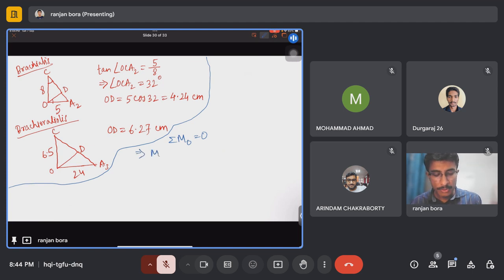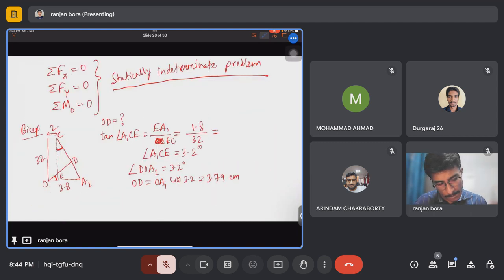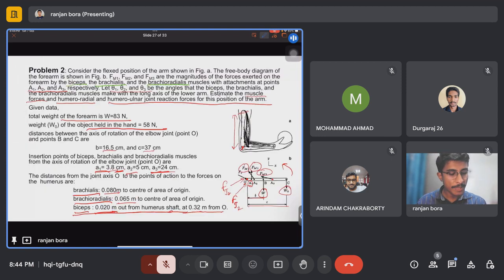The moment produced by all muscles was in the anti-clockwise direction, so we'll take it as negative. The moment produced by W into B is clockwise, so we take it as positive, W into B plus W naught into C.